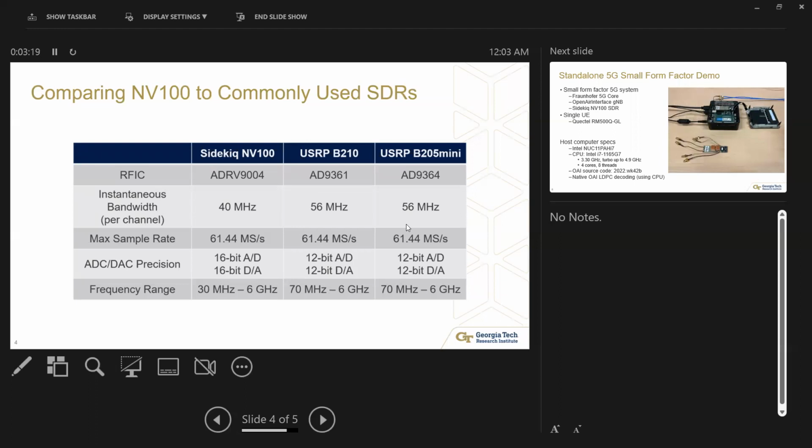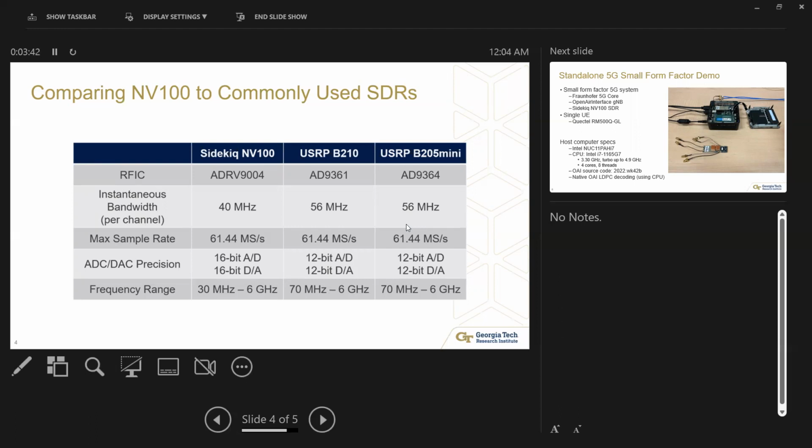The NV100 is able to handle the full 61.44 megasamples per second. Also notable on this slide is the increased A/D and D/A precision. You have 16 bits of full data precision as opposed to 12 bits. This allows you to have a higher dynamic range for when you want to leverage slightly higher RF signals with more granularity.